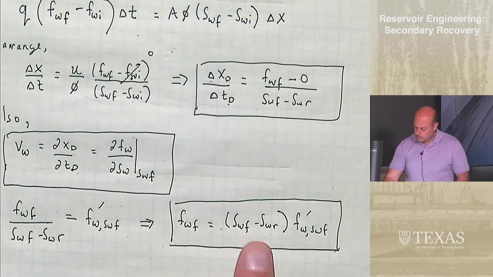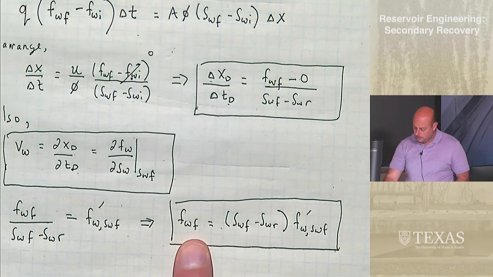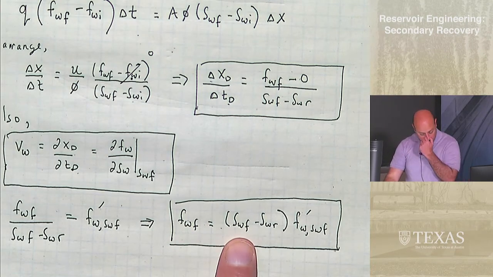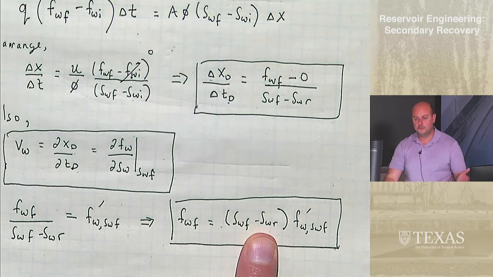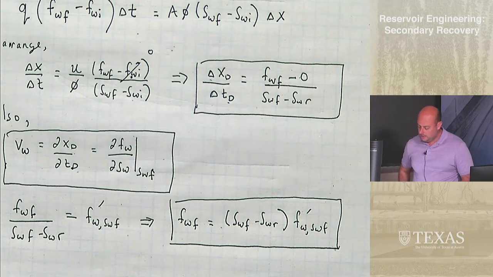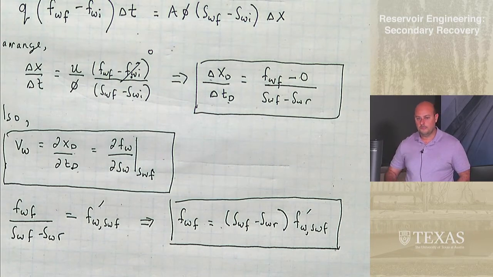So the fractional flow of water at the front is equal to the water saturation at the front minus the residual saturation, presuming that our initial saturation is SWR, times the derivative of the water fractional flow at the waterfront saturation.